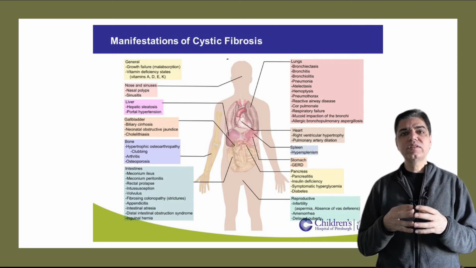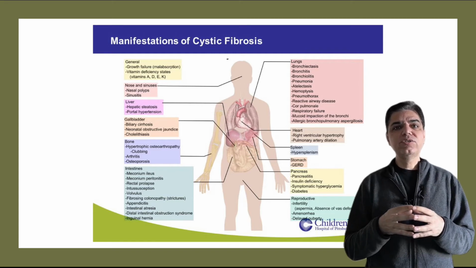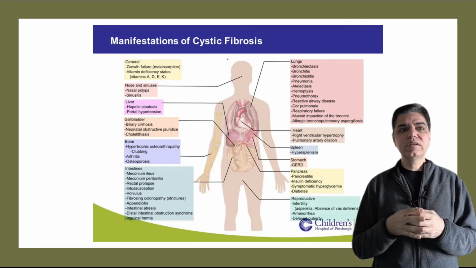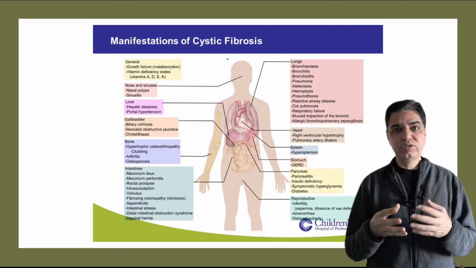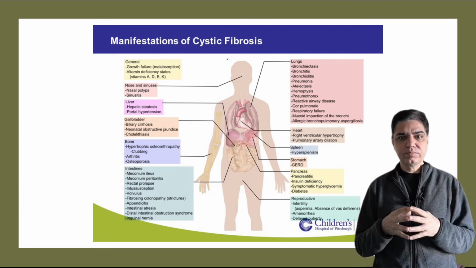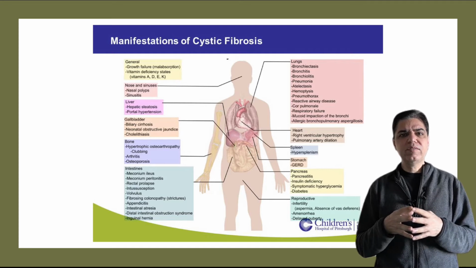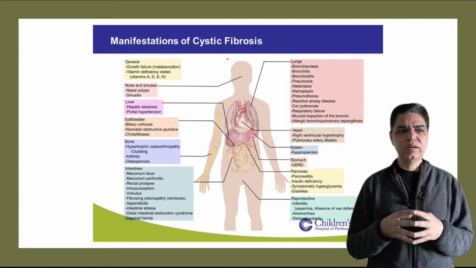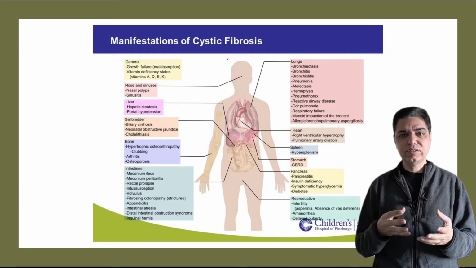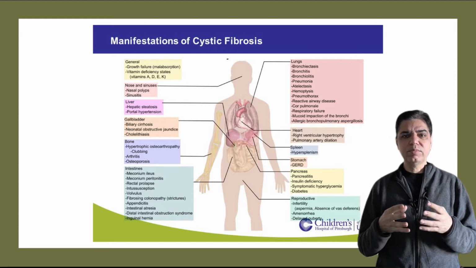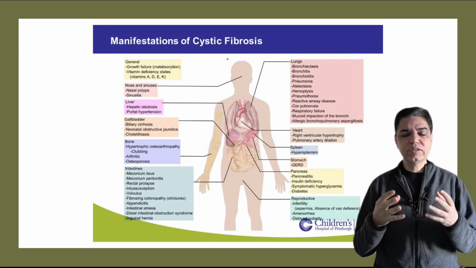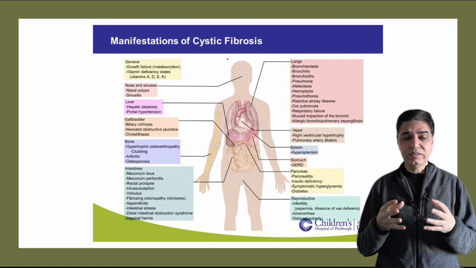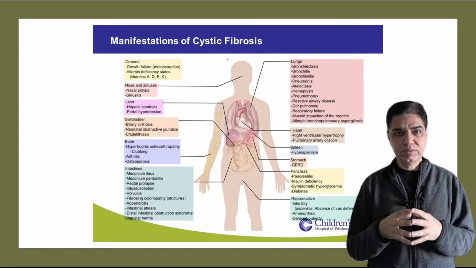Similarly, because of the thick secretions in the genitourinary tract, these kids can develop infertility later, obviously in adulthood. Similarly, they can have other coexisting problems like gastroesophageal reflux disease, chronic abdominal pain. Sometimes they can have co-associated conditions like diabetes and thyroid problems.